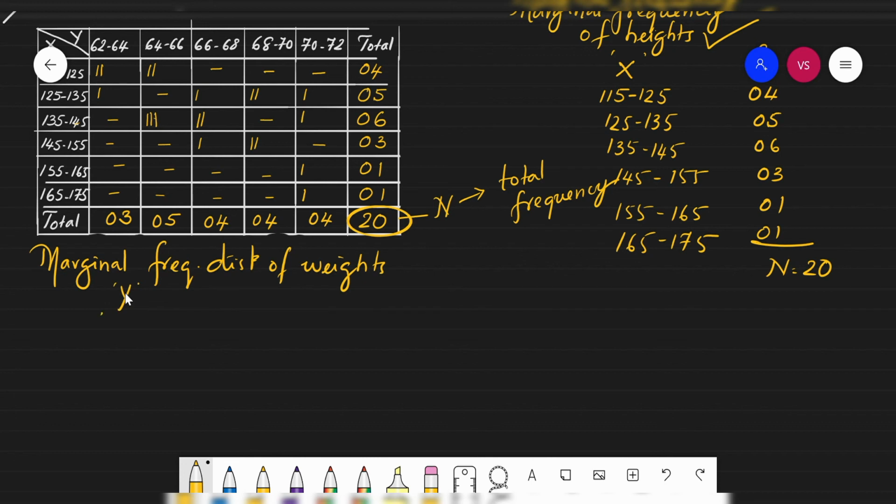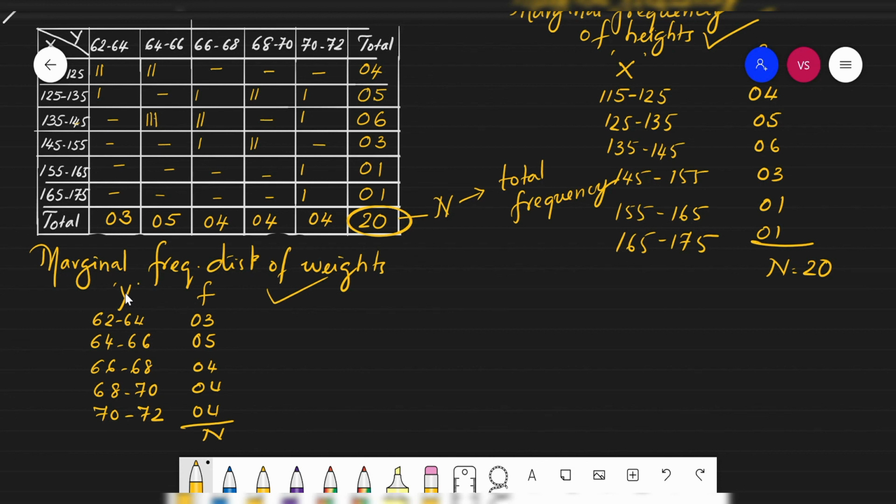That is 62 to 64, 64 to 66, 66 to 68, 68 to 70, and 70 to 72. So what are the frequencies for it? For 62 to 64, the frequency is 3, and for the next it is 5, and for this it is 4, this also 4, and this also 4. So the total is n. So this is what marginal frequency distributions are.